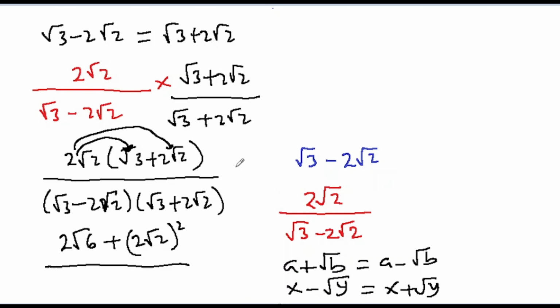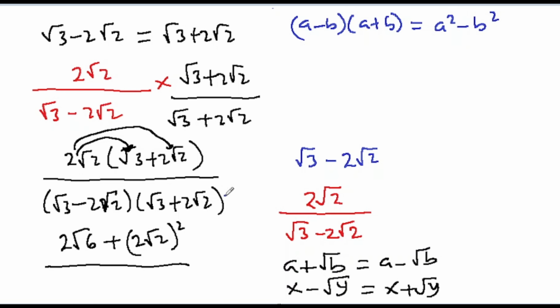Now I want us to use the difference of two squares to simplify the denominator. Let's recall that a minus b multiplied by a plus b is equal to a squared minus b squared.